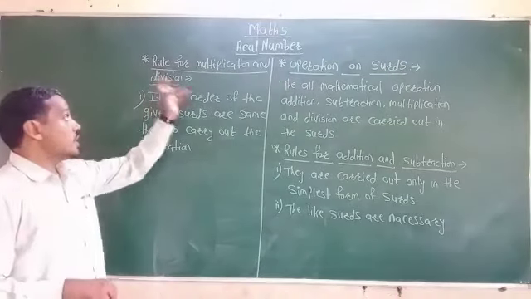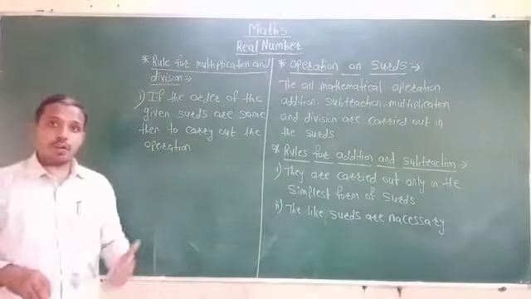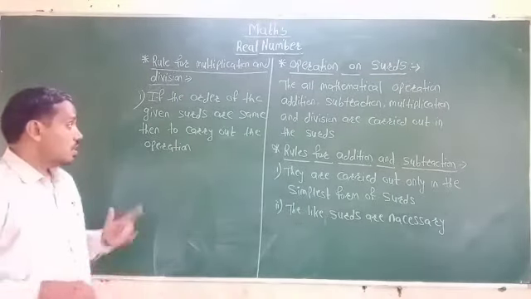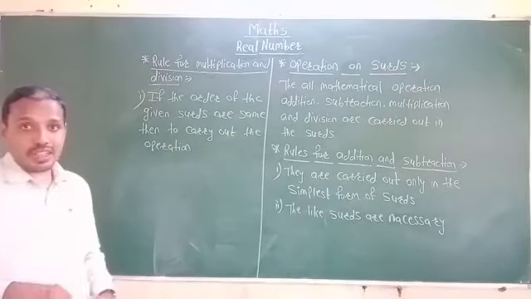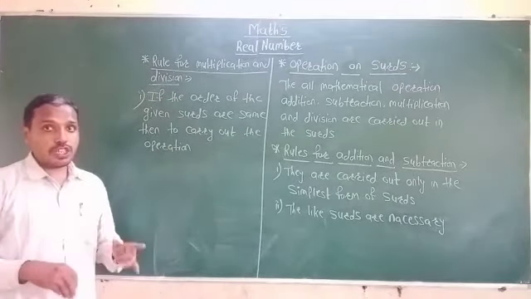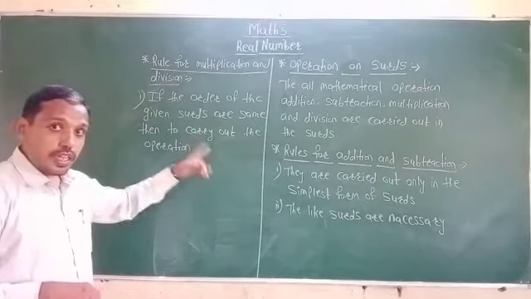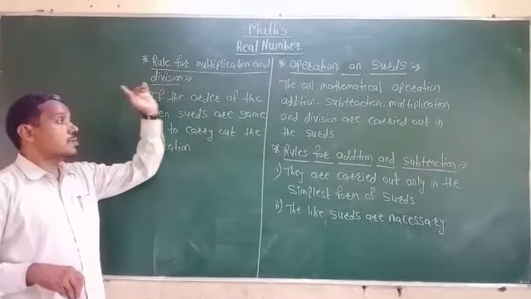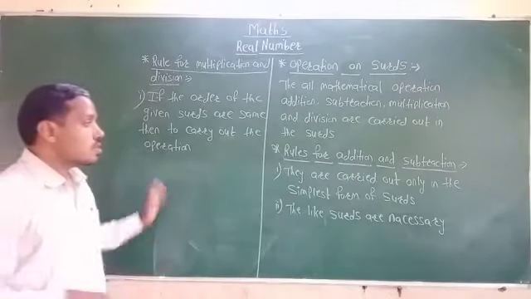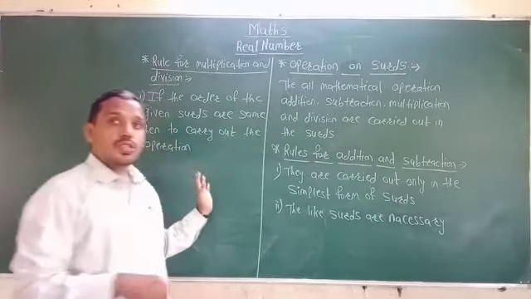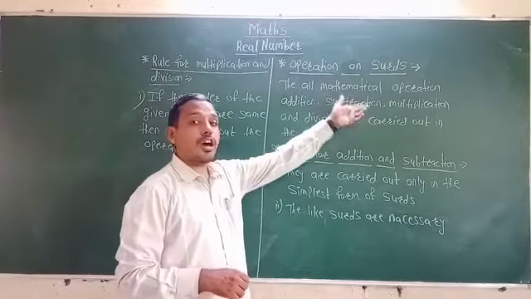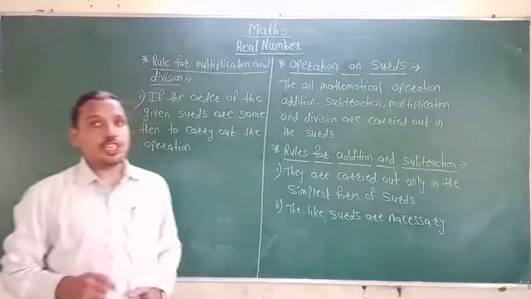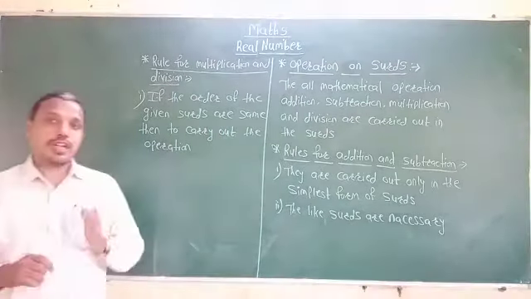If we carry out multiplication and division in surds, we need the order of each and every surd to be the same, and then we carry out the multiplication and division. So all these are the rules. When we follow them, we can easily carry out all the mathematical operations, addition, subtraction, multiplication and division in surds.